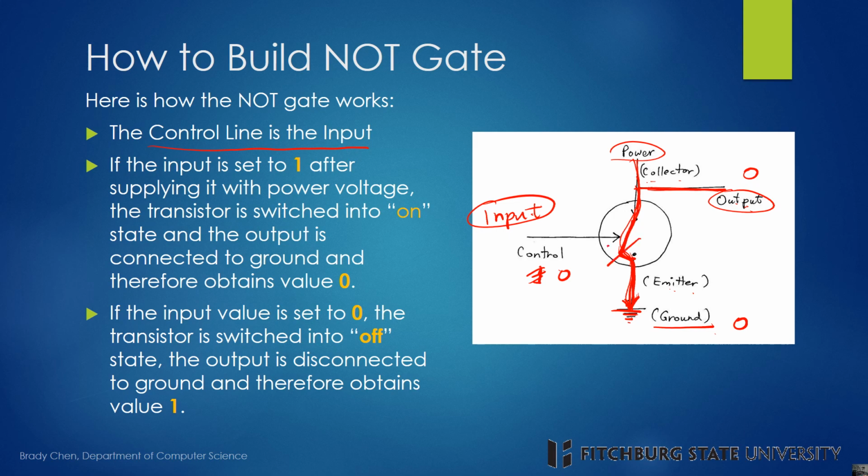If it is disconnected, the collector side will have the value 1 because it's connected to the power source and it's not grounded. So if the control line is 0, then the output is going to be 1. If the control line is 1, the output is going to be 0. So this way, we build the NOT gate using one transistor.